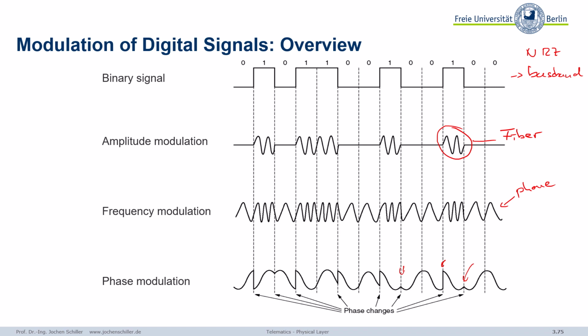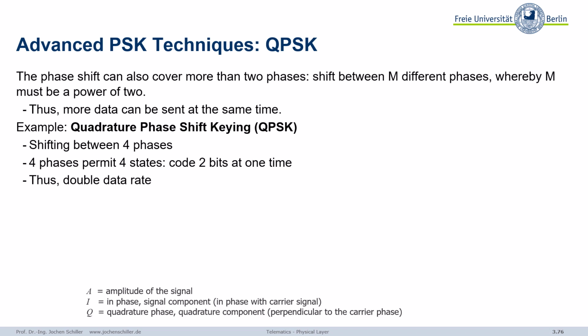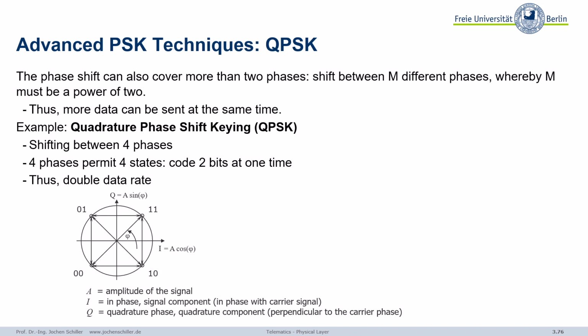And then we can do even more. We can combine all these things. So we do not say, okay, we have two phases, a phase shift of 0 and 180 degrees, but we can do more. Then we come to schemes like QPSK, where we have 4 phases with 4 different states, and this doubles the data rate.